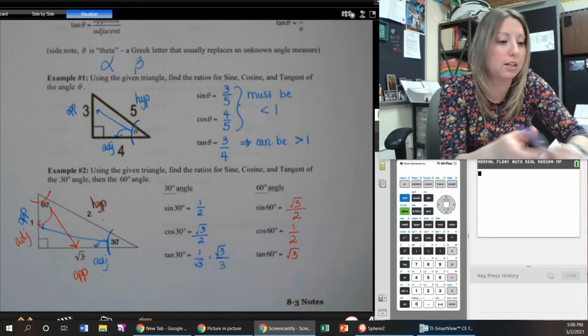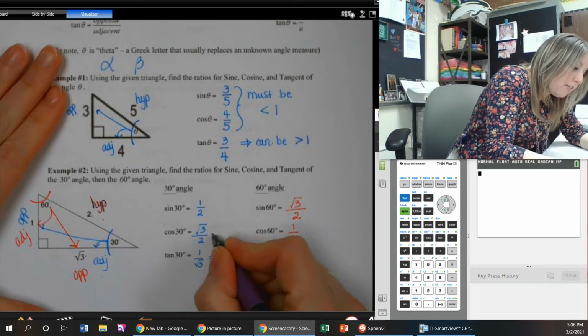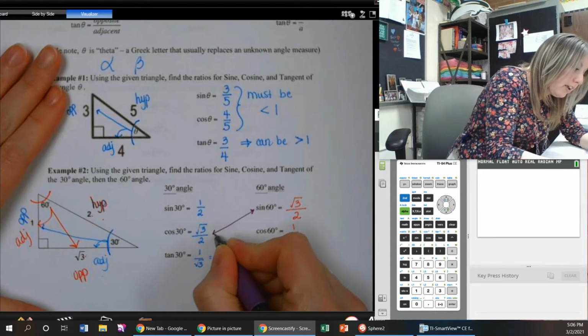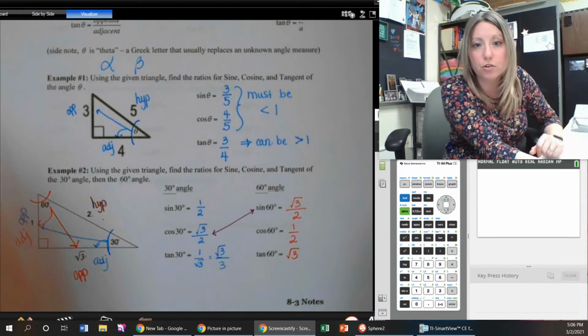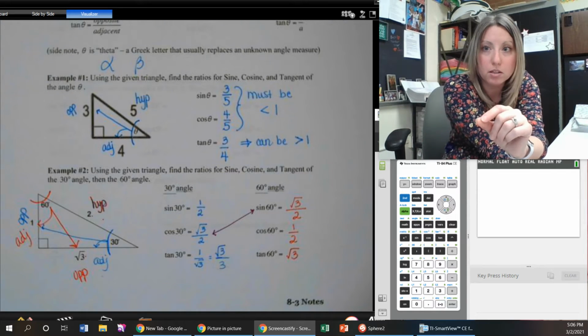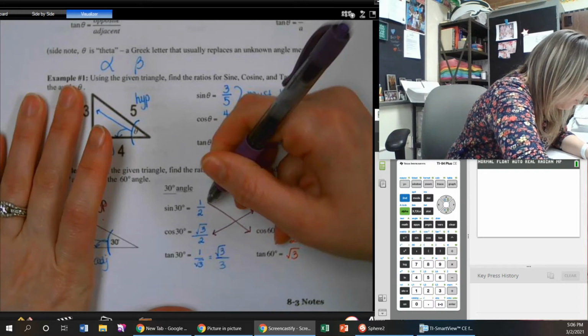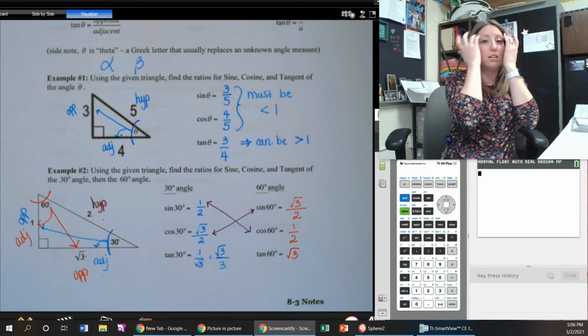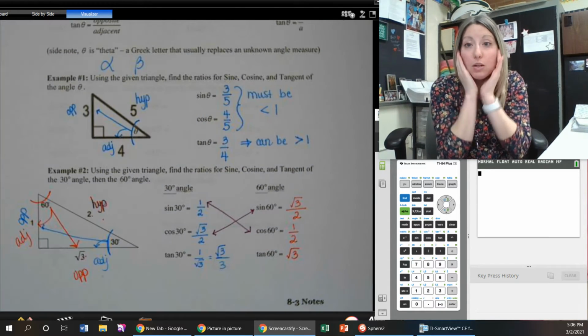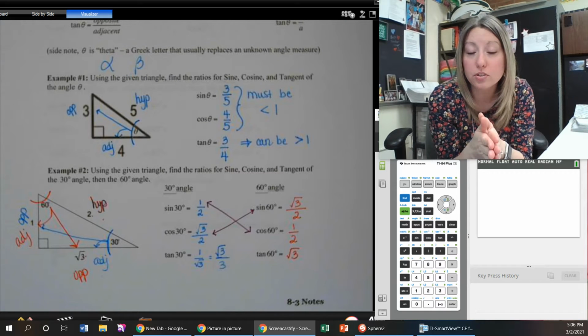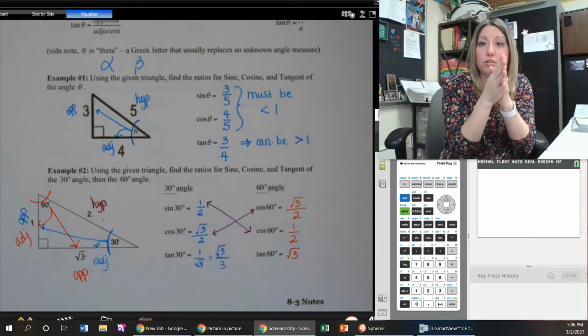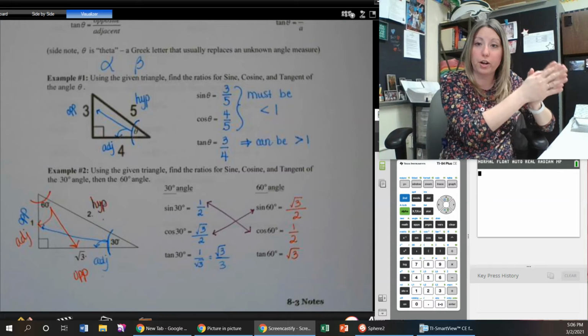And what's really interesting is that the sine of 60 and the cosine of 30 are the same, and the sine of 30 and the cosine of 60 are the same. So see why that angle in question matters? That angle in question matters to figure out those ratios.